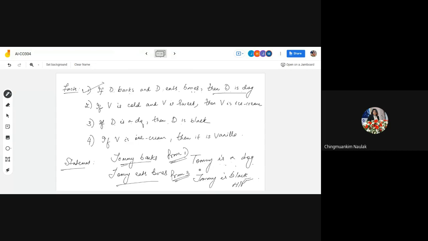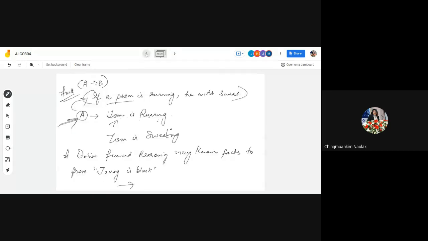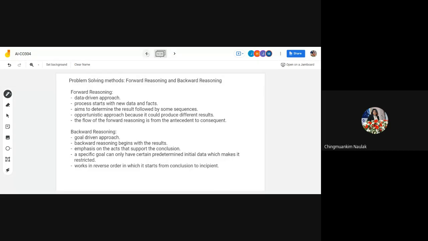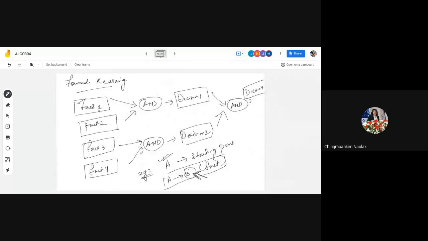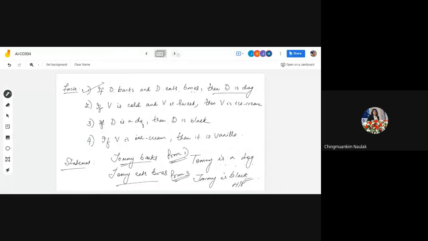Now let's go to backward reasoning. Let me just go back to this block diagram. As I said, using fact 1 and fact 2, you come up with decision 1. Using another fact 3 and 4, you come up with another decision, and you combine these two decisions and you come up with the final conclusion. Same way, that's what we did here.